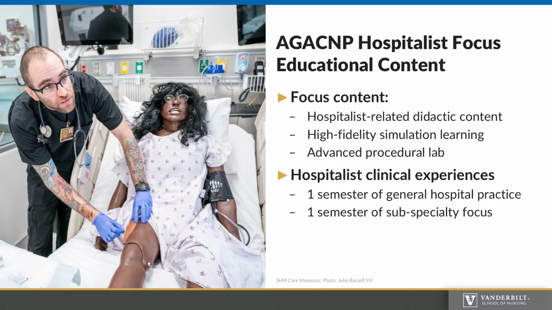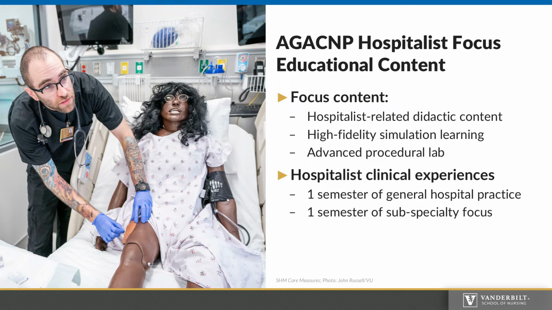Now, what would you be doing from a clinical experiences standpoint? Generally speaking, we try and have students have 1 semester of a general hospital practice. So working in internal medicine on the floor, as well as in sometimes subacute intensive care unit environments. And then if you have a subspecialty area of focus that has interest for you, we try and pair you where your interests align.